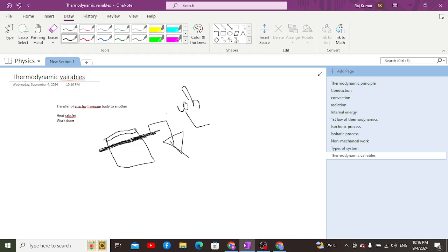Now, thermodynamic variables are those properties present in a system, and on the variation of those variables, we can change the state of the system.